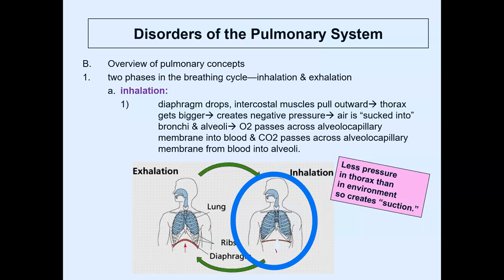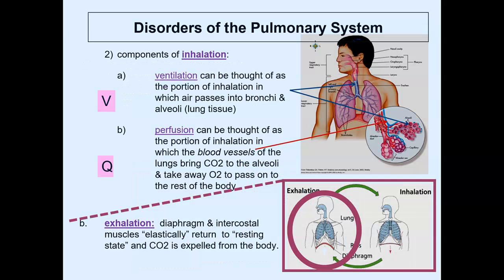When the intrathoracic pressure becomes even more negative, that will cause air from the atmosphere to be sucked in. And of course, that air will ultimately reach the alveoli, and that is the process of inhalation.